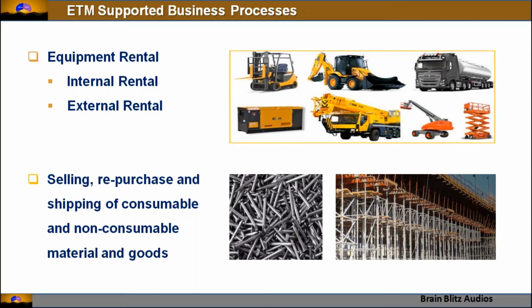They do an internal rental, and it shows whether the equipment is idle or being used. This helps them take a proper decision on whether additional equipment is required, or whether with the available equipment they will be able to do additional projects, or quote for and take a bigger project. This is possible from the ETM functionality.